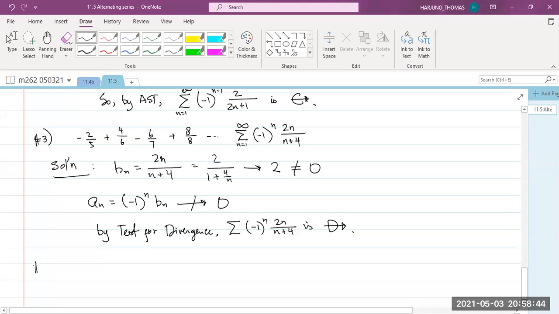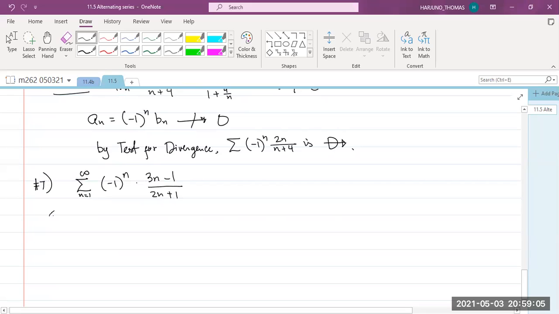Number 7. We have the series from 1 to infinity of negative 1 to the n times (3n minus 1) over (2n plus 1). That's alternating, right? Okay, so how do we show that it's convergent or divergent? Take a look at the positive part.